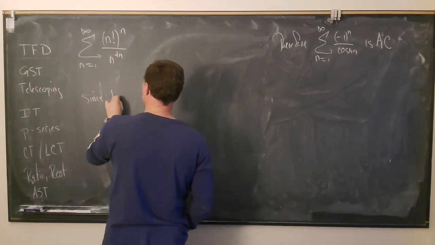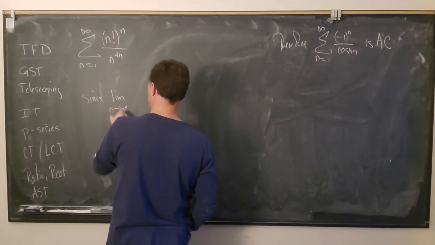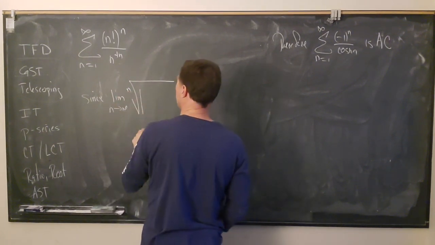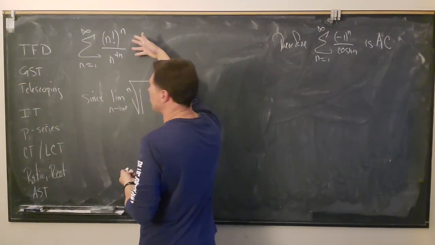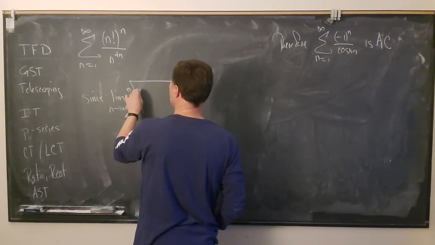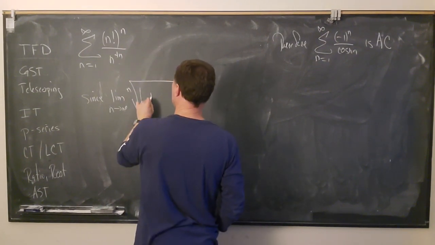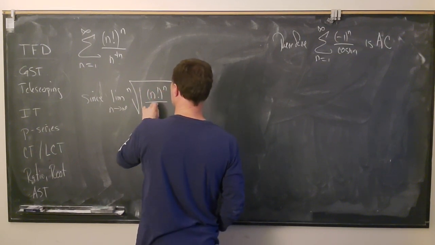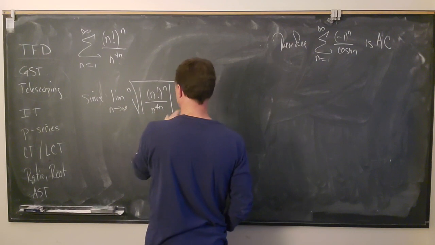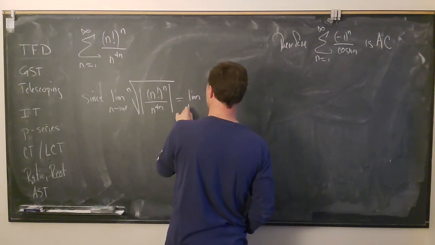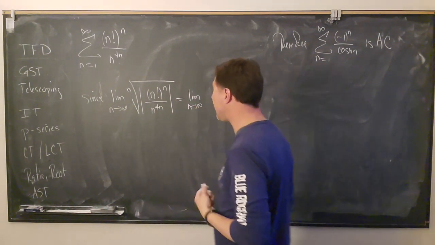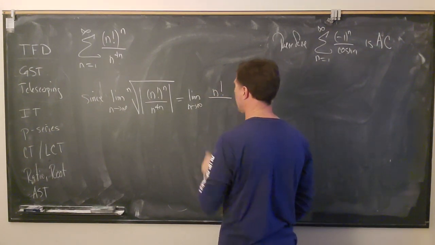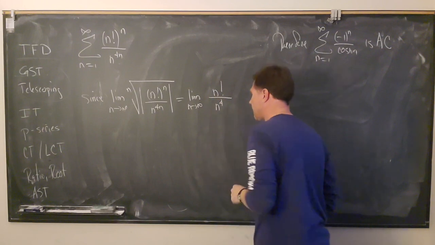So if I take the limit as n goes to infinity of the nth root of the absolute value, I don't really need absolute value bars here because everything is positive, but I'll put it in just for fun. N factorial to the n over n to the 4n. That's equal to the limit as n goes to infinity. So now let's take the nth root. What we'll get is n factorial in the top and n to the 4th in the denominator.